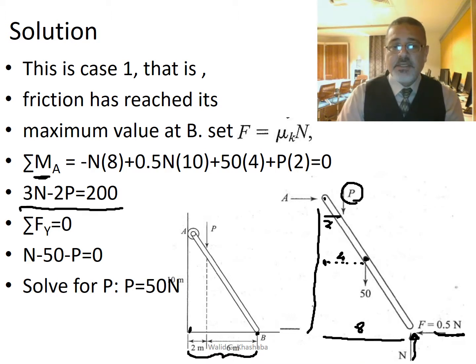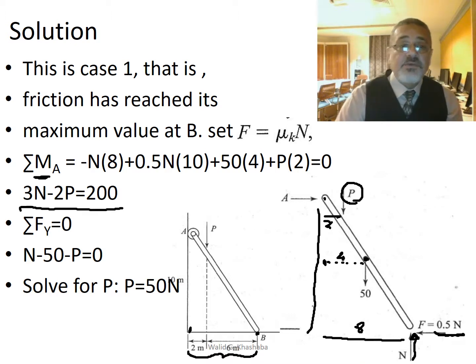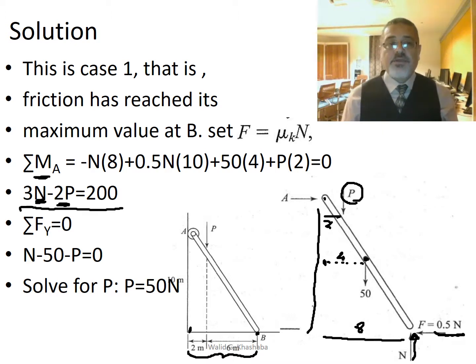Now it's time to calculate the forces in the y direction, because here we have two variables. So of course we need another equation in these two variables to be able to solve them together.